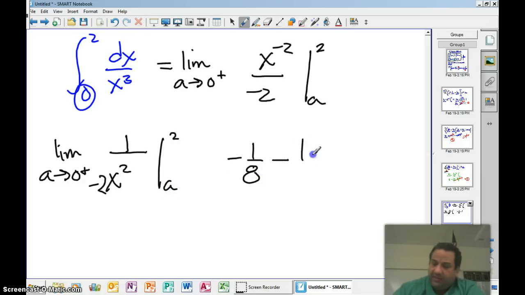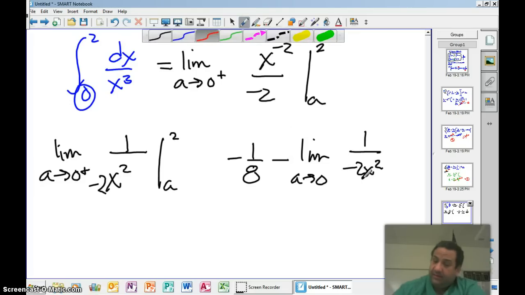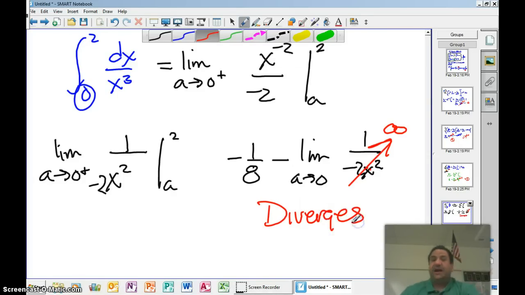Then when I subtract the limit as a goes to 0 of 1 over negative 2x squared, I got a big problem. This guy is just going to be infinity. This guy's going to 0, so this guy's getting very small. This guy's going to infinity, actually. So this one diverges. So here is a diverging, I might have said series, but I'm getting ahead of myself. But that's one that diverges, okay?